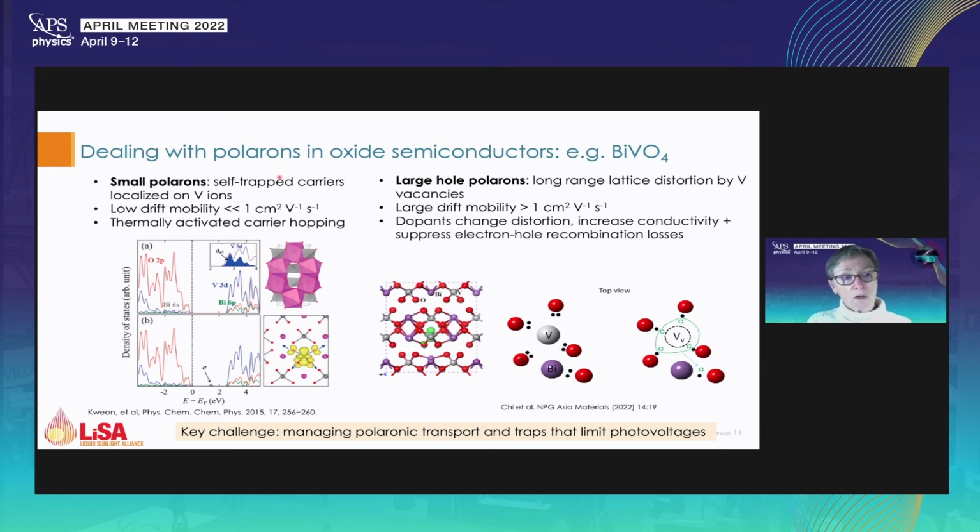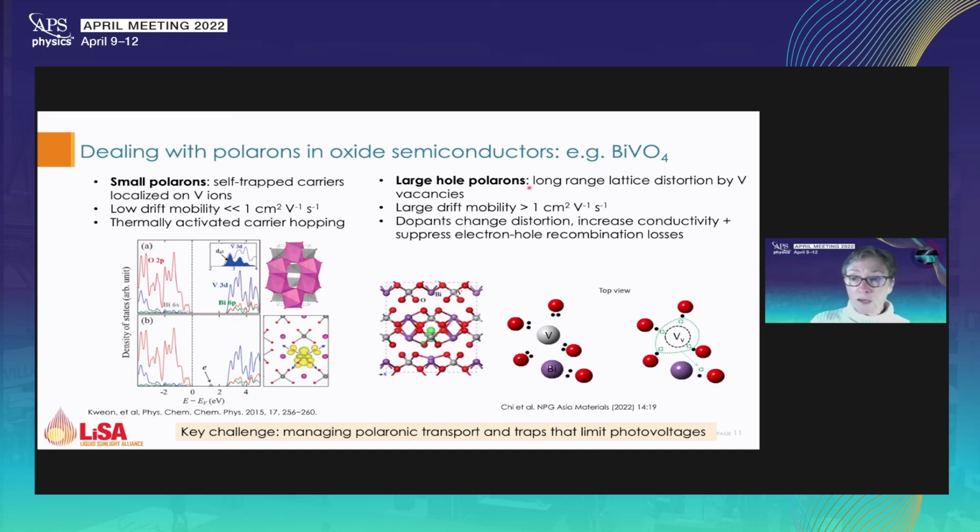Now, polarons are basically things that get in the way or deal with localization of charge carriers in the matrix. Small polarons, in the case of bismuth vanadate, are due to trapping of charge carriers on vanadium ions in the lattice. And the consequence of this is that the mobility of the charge carriers is really low, which means that they can't travel very far from where they're born, which means you're very inefficient in using light.